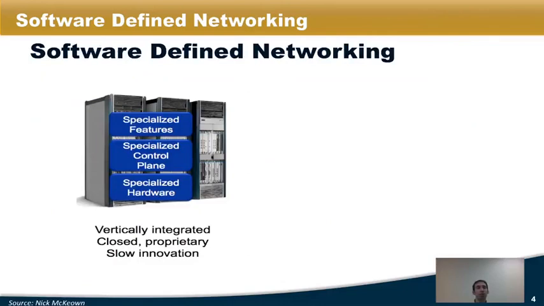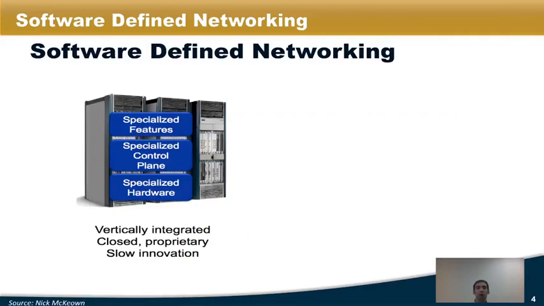To understand software-defined networking, it helps to compare the software-defined networking paradigm to the current conventional network architecture. The picture below shows an example of the current network architecture where network devices, in particular routers, are bundled with a specialized control plane and various features.